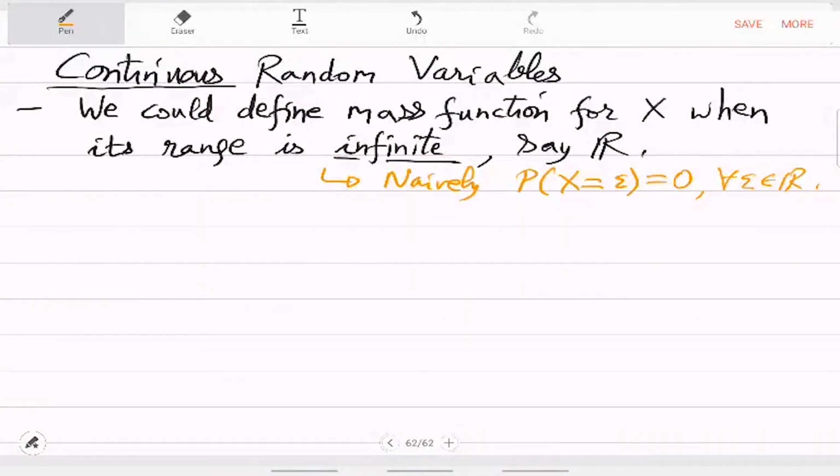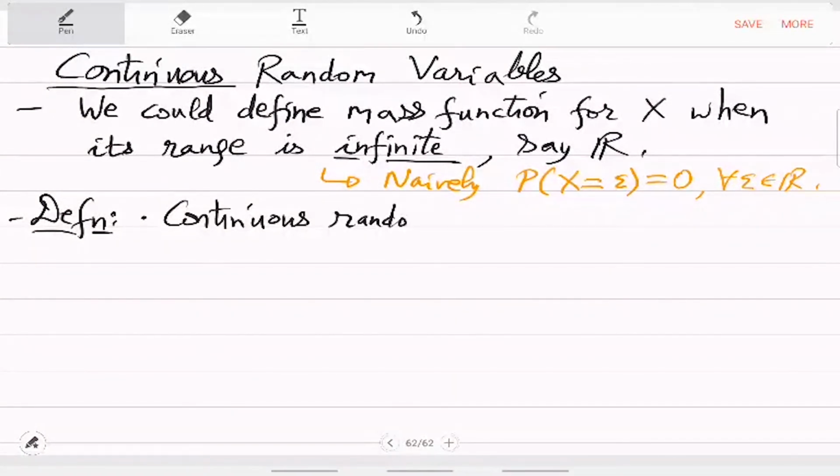So, this does not help much, or this is kind of inconsistent with our axioms. So, we will actually need some new notions, and let us do that. And that is what we are calling continuous random variable x.